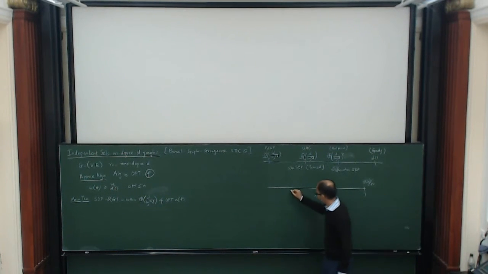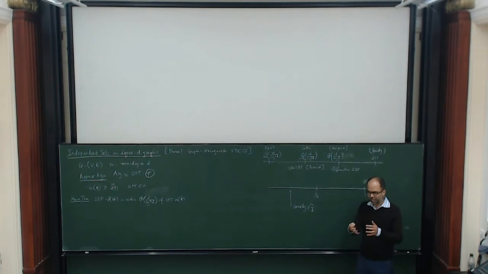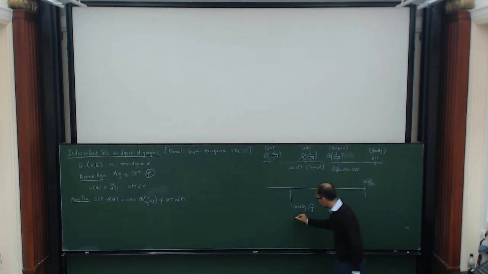In any graph, greedy can find an independent set of size at least n over d plus 1. I'm going to ignore the plus 1 terms. So on any graph, greedy can find an independent set of this size, right? So what is the approximation factor of greedy? D over k approximate.